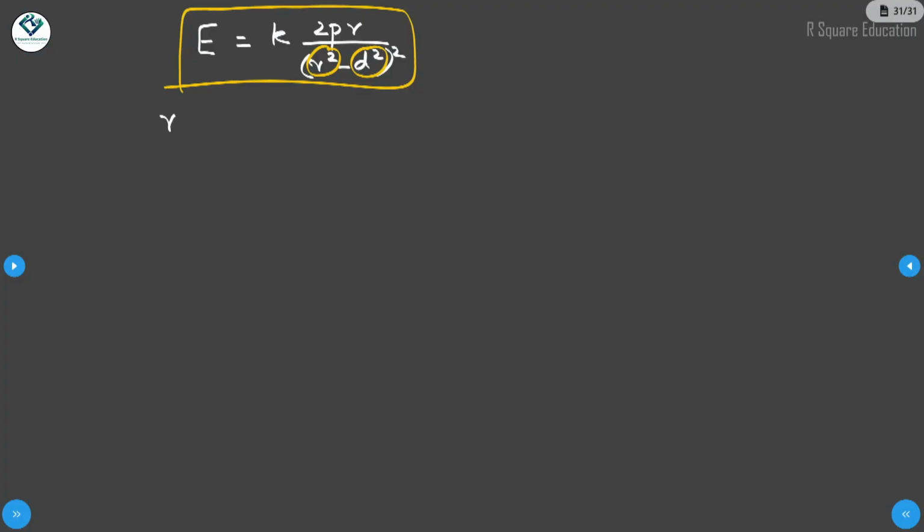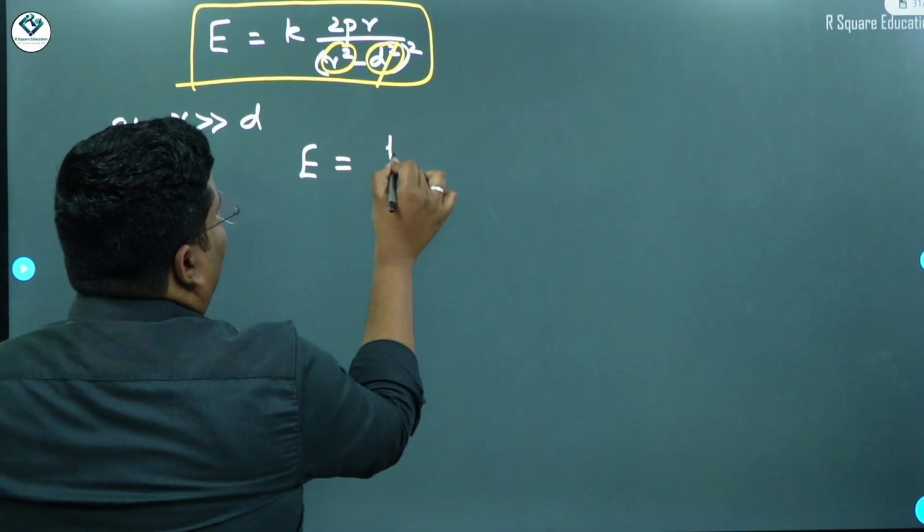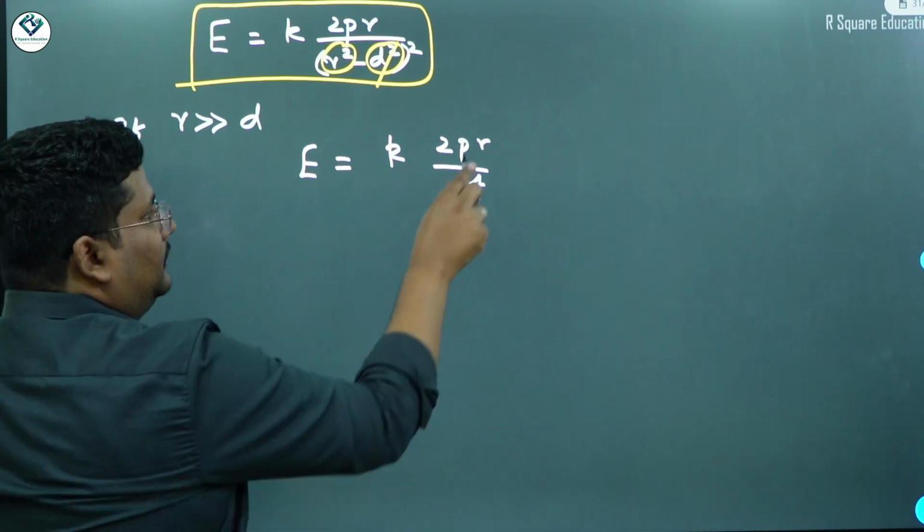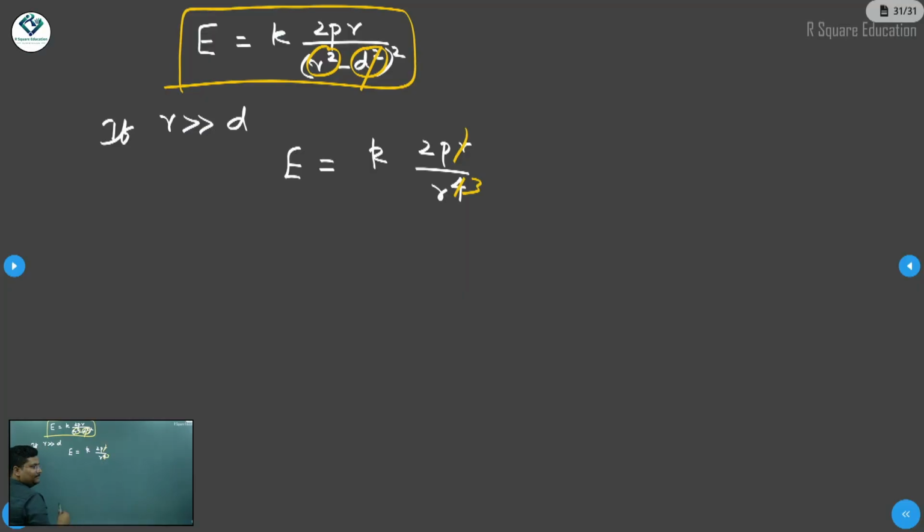So if I take R is very much greater than D, can I neglect this? So the final equation will turn out to be K 2PR by R power 4, so R cube. So the electric field now turns out to be K 2P by R cube.